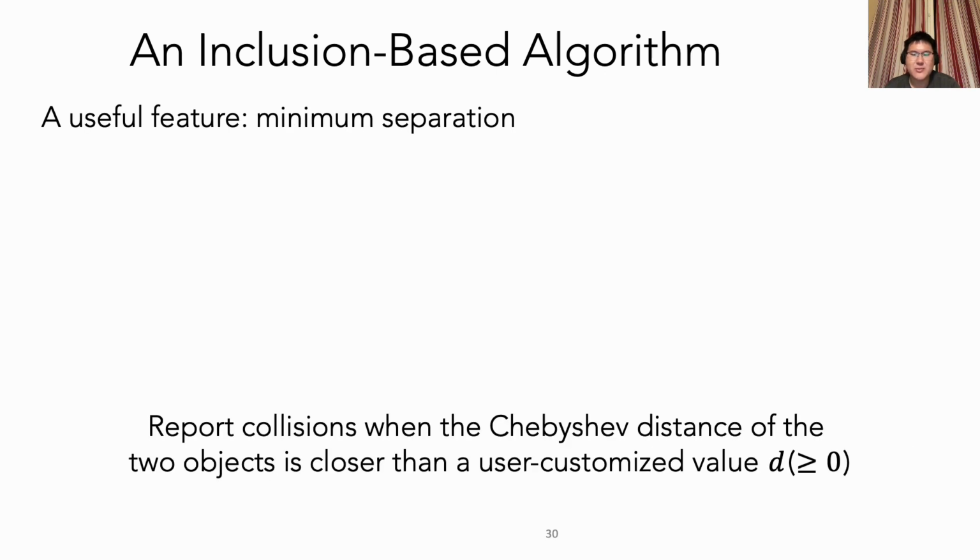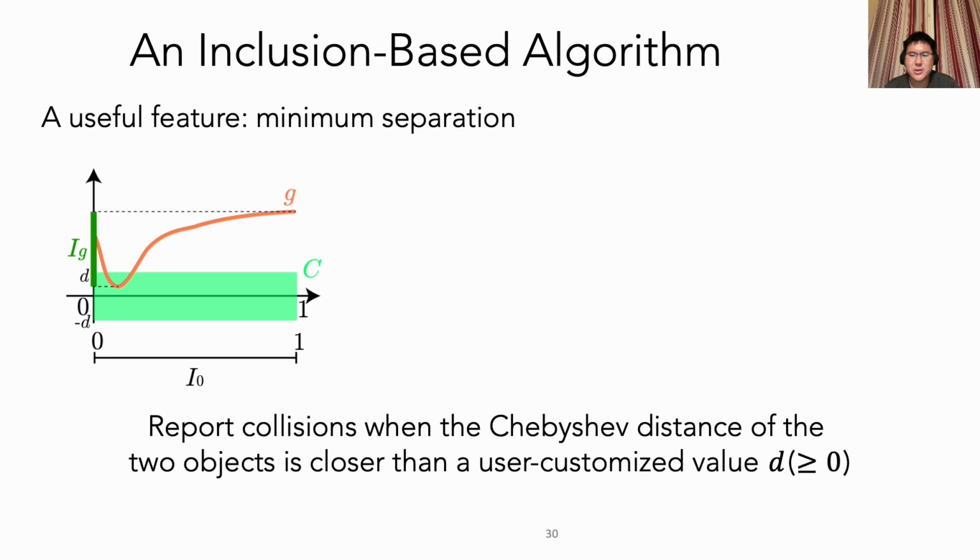Our method has a very useful feature called minimal separation, which allows us to report collisions when the Chebyshev distance of the two objects is closer than the user customized value d. Here we show an illustration in 1D.